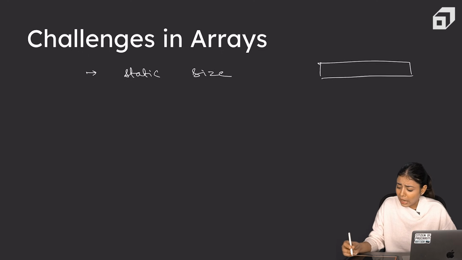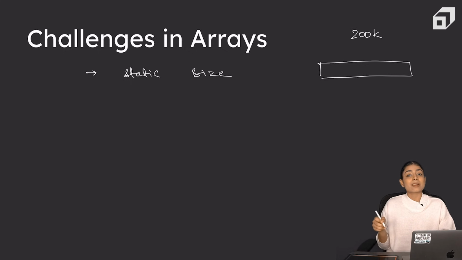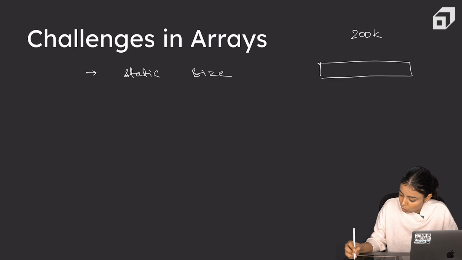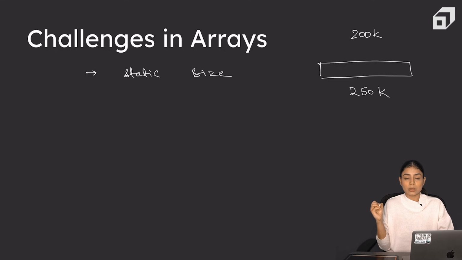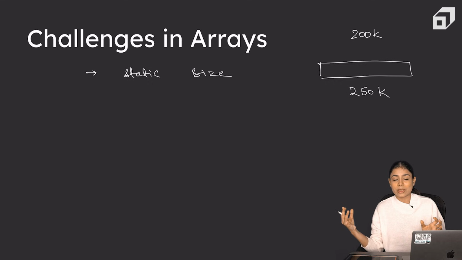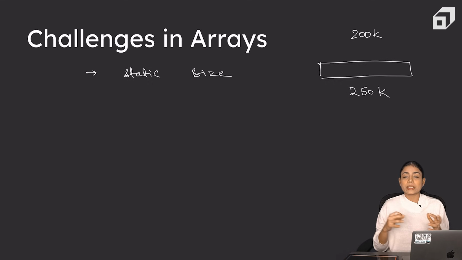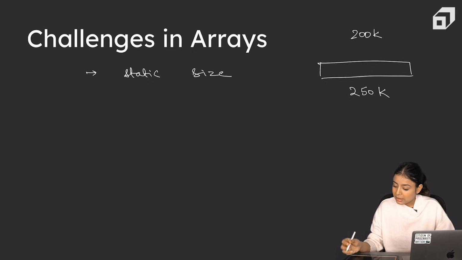Okay, and for example, I create this array of size 200k, but the number of students who end up enrolling in the course is actually 250k. All right, so now what will happen? The array that I created of size 200k will get wasted. I'll have to create a new array altogether of the 250k size to accommodate all of the students' details.